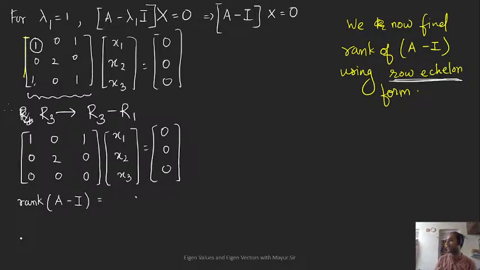See, what is the rank of A minus I? It is the number of non-zero rows in that matrix. So how many non-zero rows are there? The first row 1 0 1 is a non-zero row. Second row is 0 2 0, so this is also non-zero. So the first two rows are non-zero, so rank is 2.